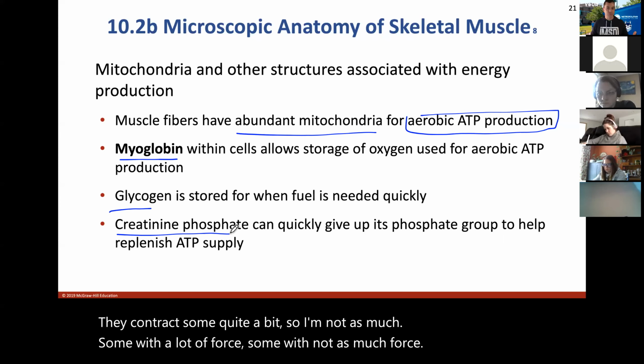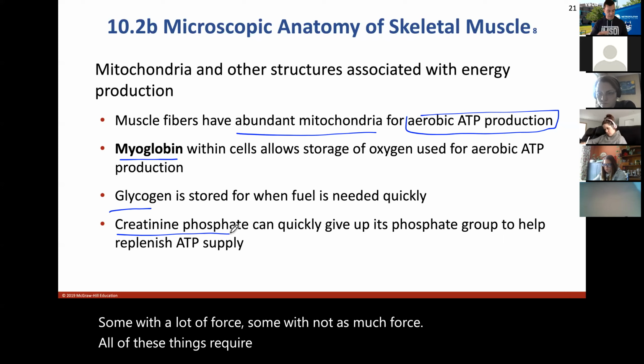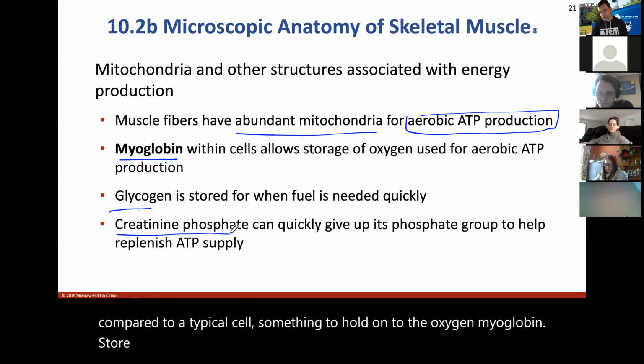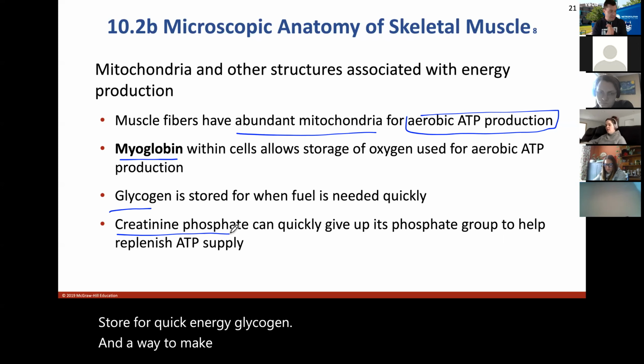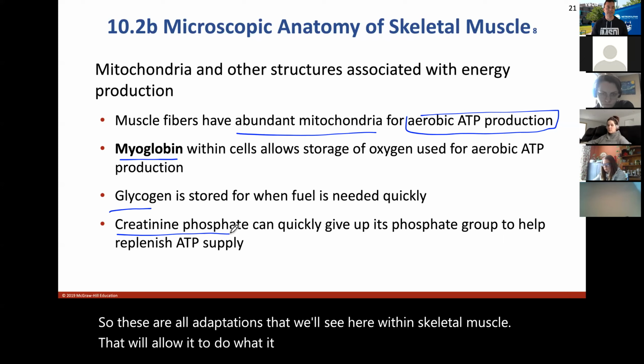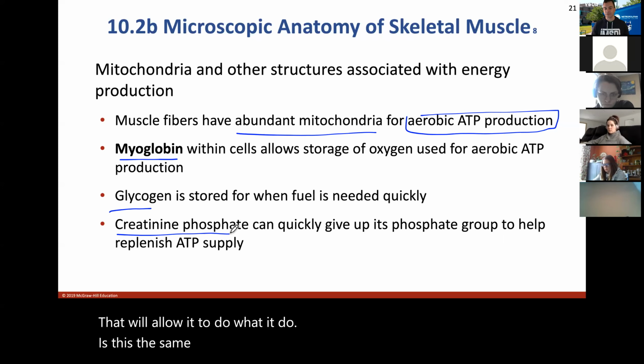All of these things require many adaptations: a lot of mitochondria compared to a typical cell, something to hold on to the oxygen, myoglobin, store for quick energy, glycogen, and a way to make fast, dirty, easy, quick ATP, creatine phosphate. So these are all adaptations that we'll see here within skeletal muscle that will allow it to do what it does. Is this the same for cardiac muscle and for smooth muscle?